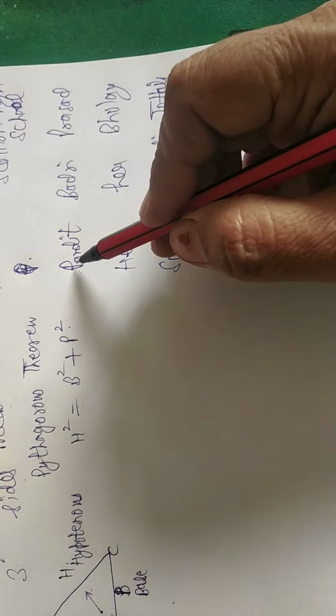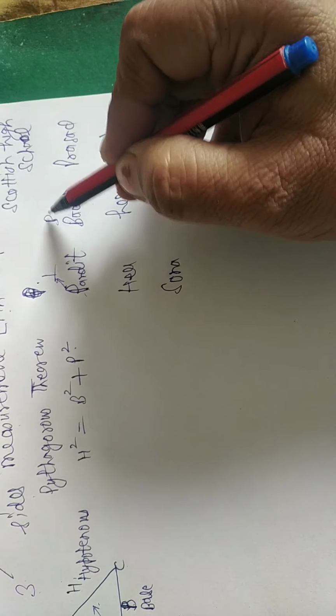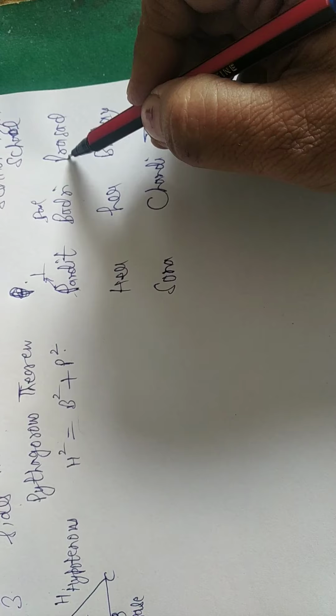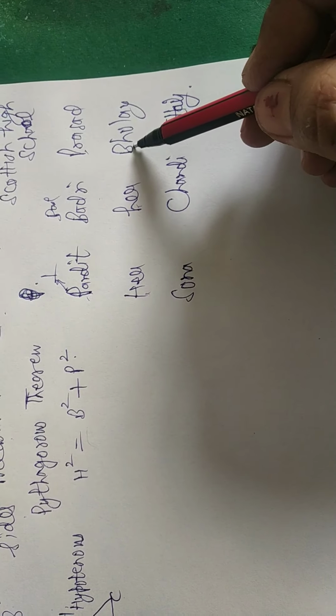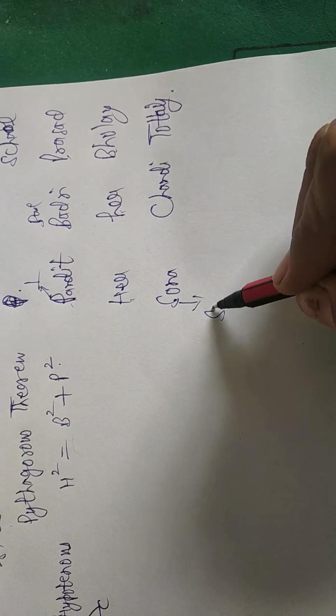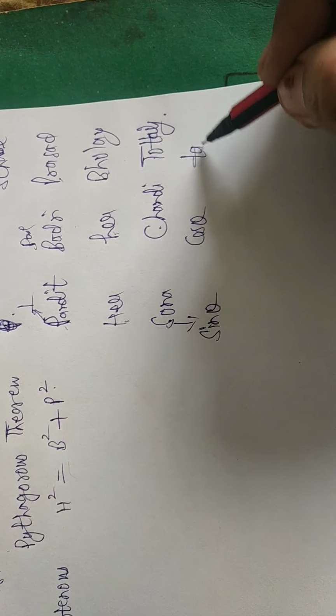So what is this? This P is the perpendicular, B for base, P for again perpendicular, H for hypotenuse, H for again hypotenuse, B for base, S for sine theta, C for cos theta, T for tangent theta.